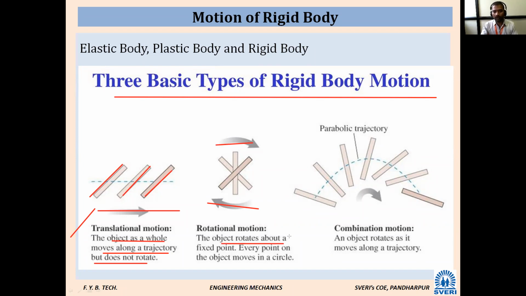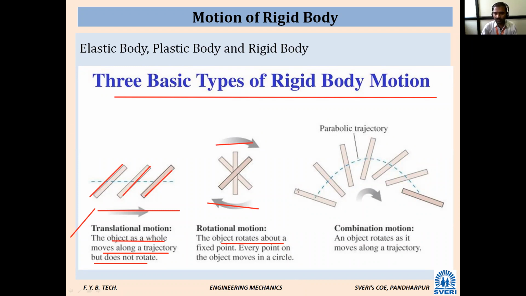Every point on the object moves in a particular circle. अभी देखो, मैंने ऐसे रोटेट कर दिया, whether the body ऐसे trajectory में जा रहा है क्या, and only it is moving about one fixed point. So it is moving as a whole. That is called rotational motion.